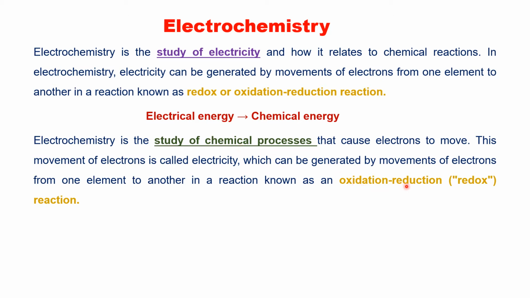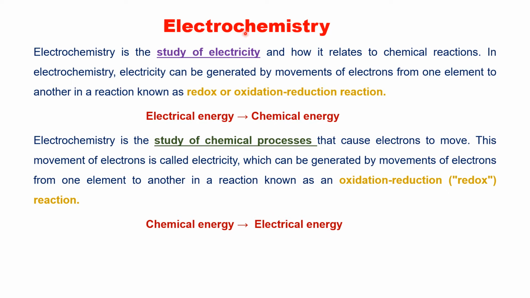Due to this redox reaction, electrons will start moving either towards the electrode or away from the electrode. So this chemical process will cause electrons to move. Here the chemical energy, or chemical process, will produce electrical energy.